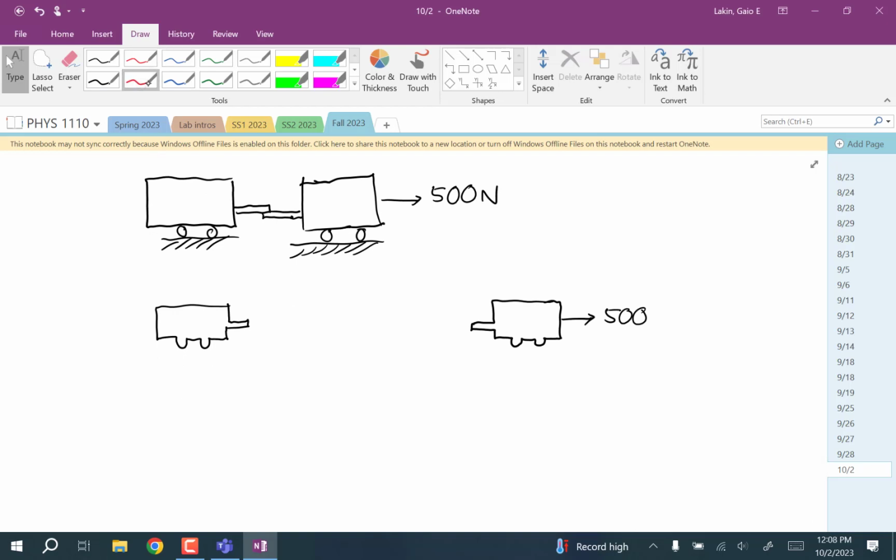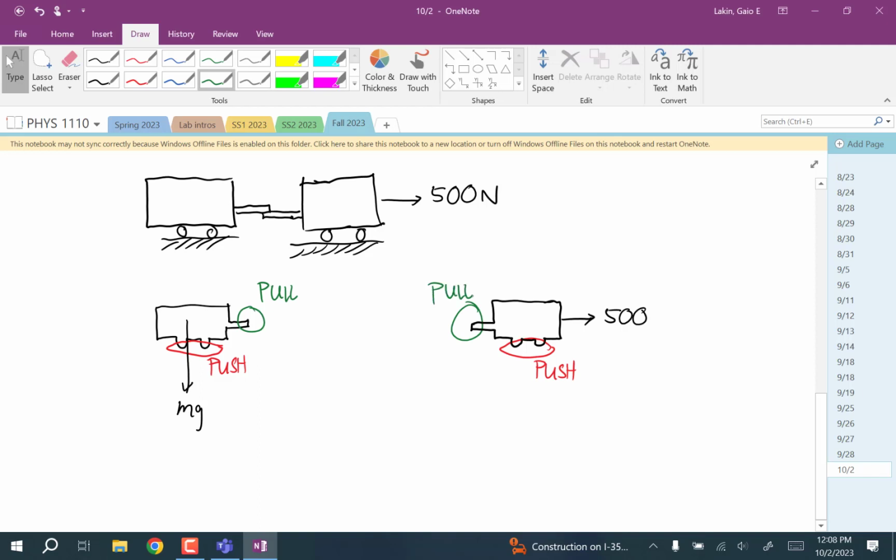Okay, so what kind of forces do you have? On this, there's a weight force, like always. And then down here, there's a pushing force on the wheels from the ground. And over here, there's a pulling force. And on this one, the ground is pushing on the wheels. And over here, the coupler is pulling on it.